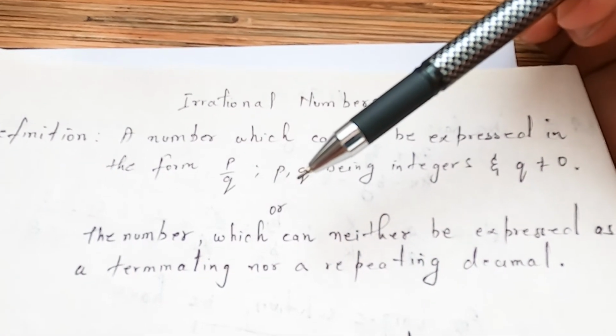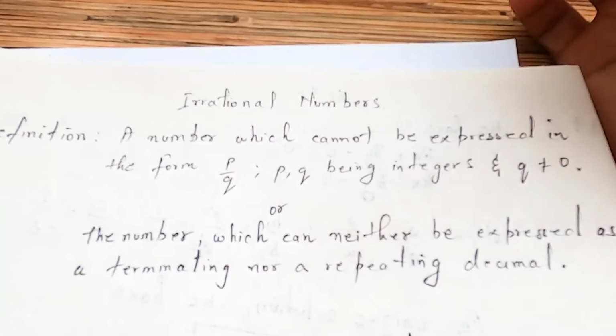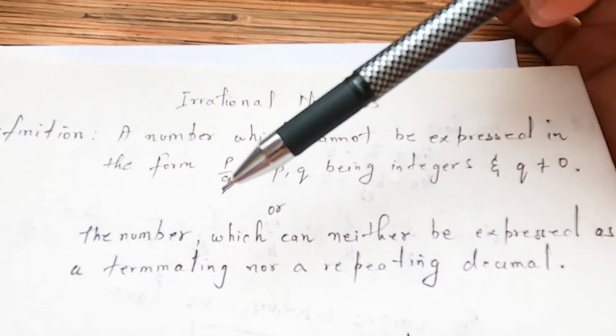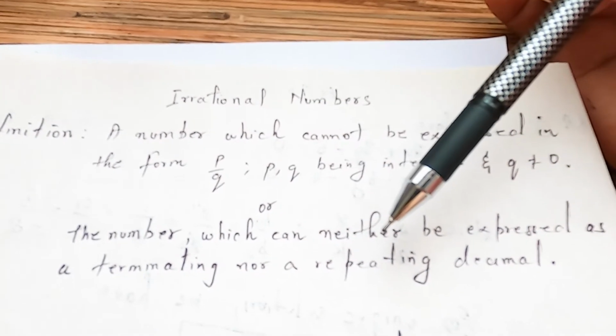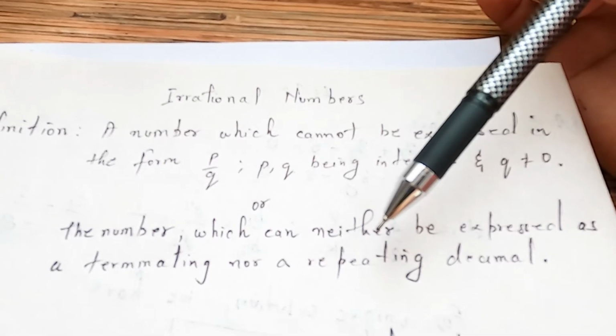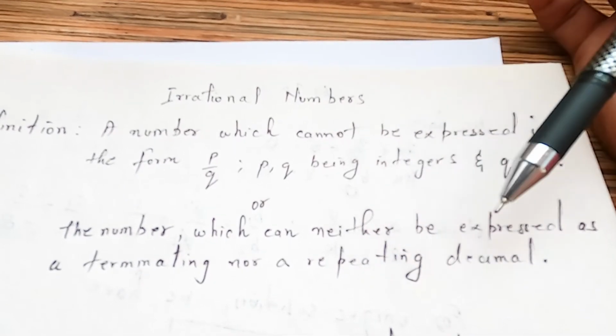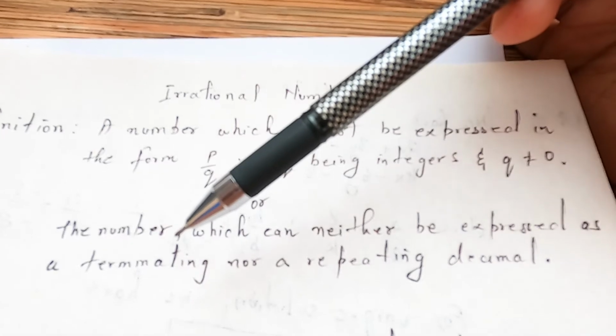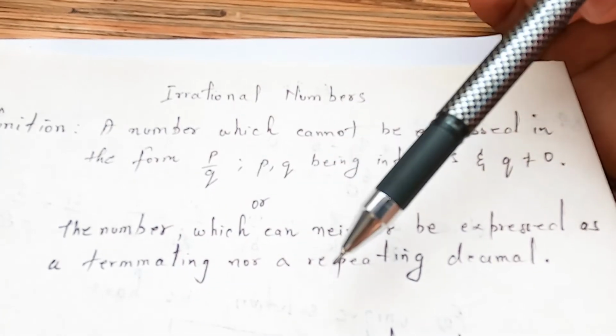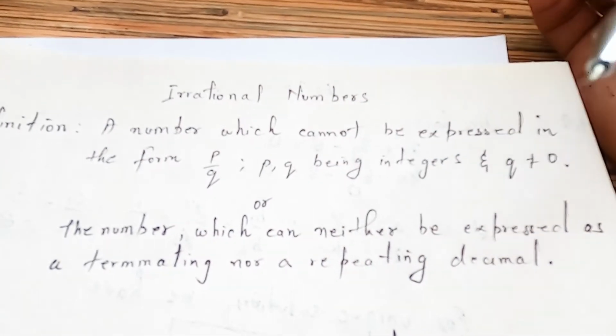Also, the other definition is that an irrational number can be expressed neither as a terminating nor a repeating decimal number.